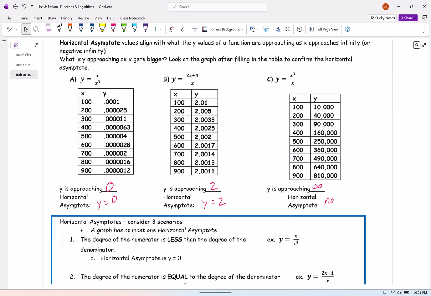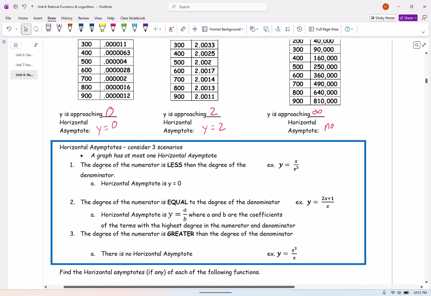All right. Now we have our rules to help us figure this out. So there are 3 different scenarios. And the key here is that a graph must have at most one horizontal asymptote. We've already seen in previous examples that you might be able to have more than one vertical asymptote, but you may only have at most one horizontal asymptote.